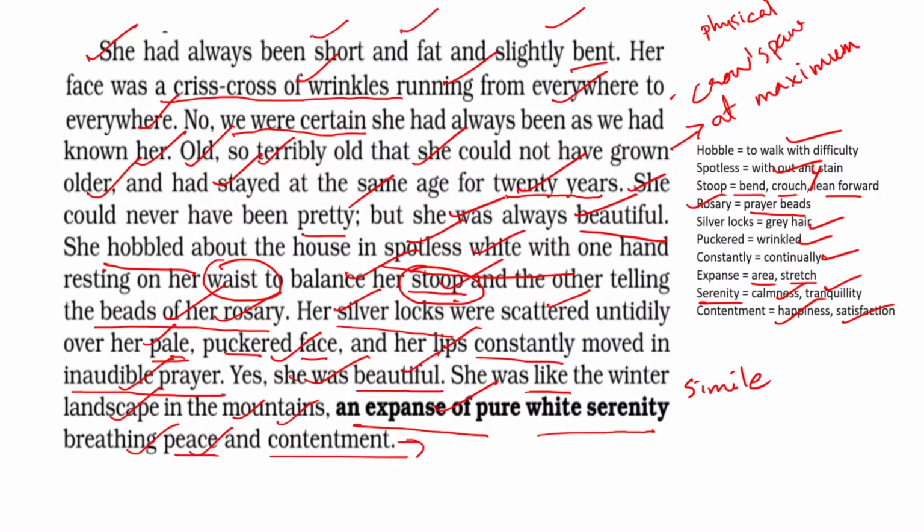Breathing here means living, living peace and contentment, providing us that happiness and peace. She always lived such a wonderful, satisfied life. That is what Khushwant Singh says about his grandma.